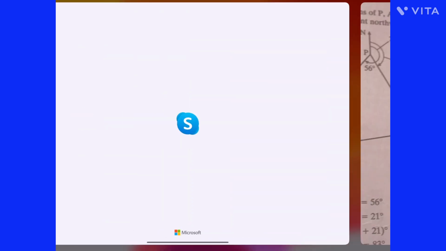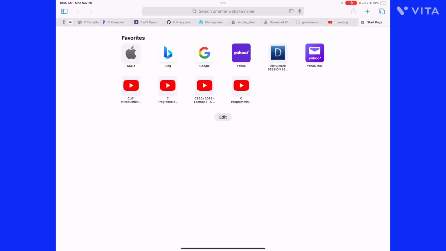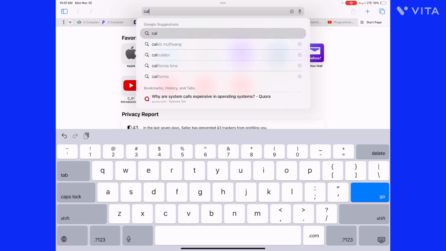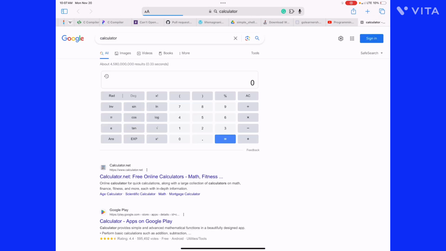I think we should use our calculator here. 285 times sine 78. Let's change this to degrees. 285 times sine 78 divided by 307 is 0.9081.